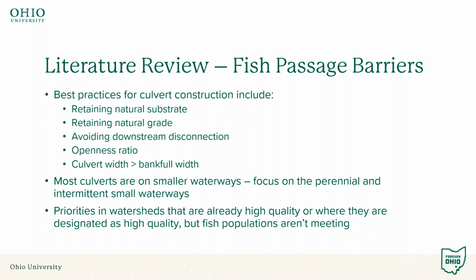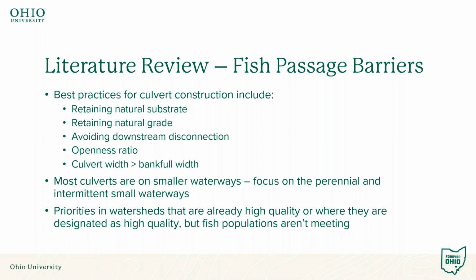And ephemeral streams, while they're very important to stream ecology, don't support fish populations. So focusing projects on perennial and intermittent waterways that support fish populations is going to be more advantageous to really having that improvement in connectivity that a culvert replacement would be aiming to have.